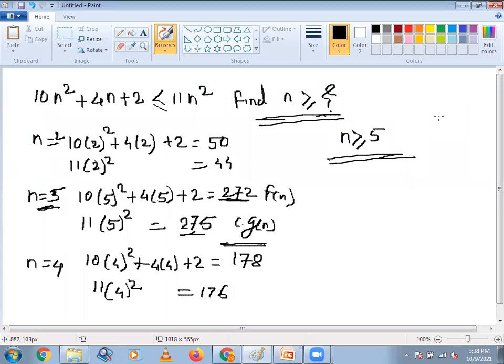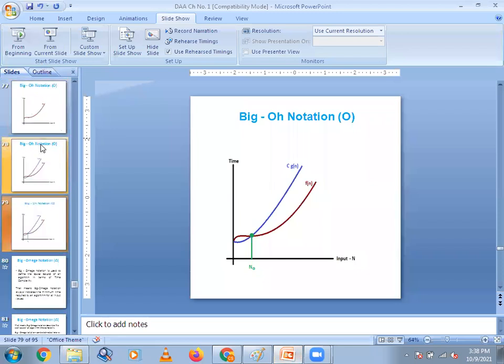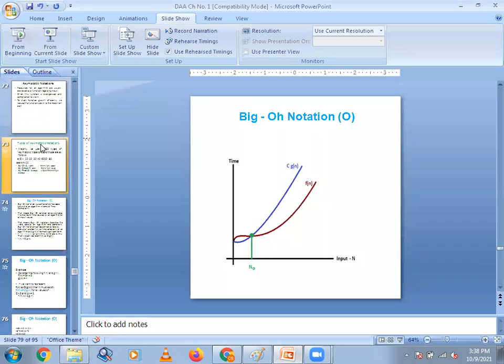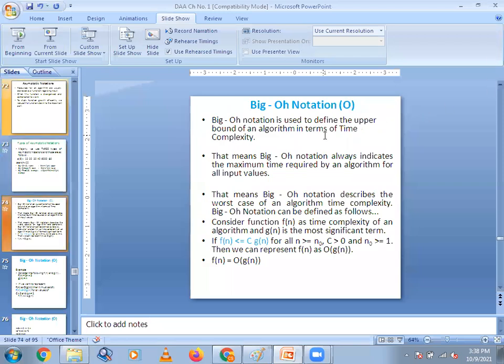Okay. What is big OH notation? So big OH notation is used to define the upper bound of an algorithm in terms of time complexity.